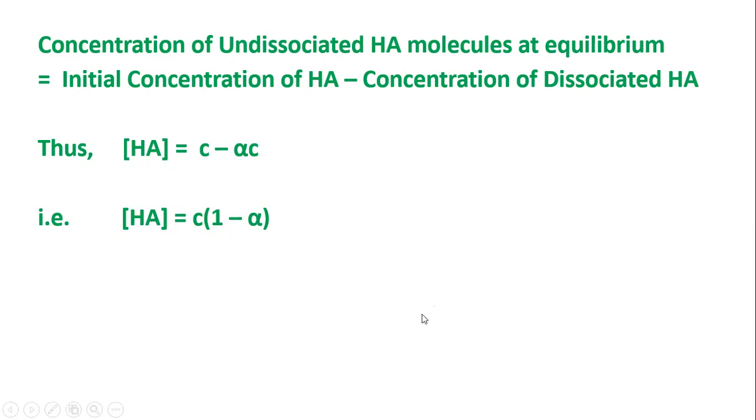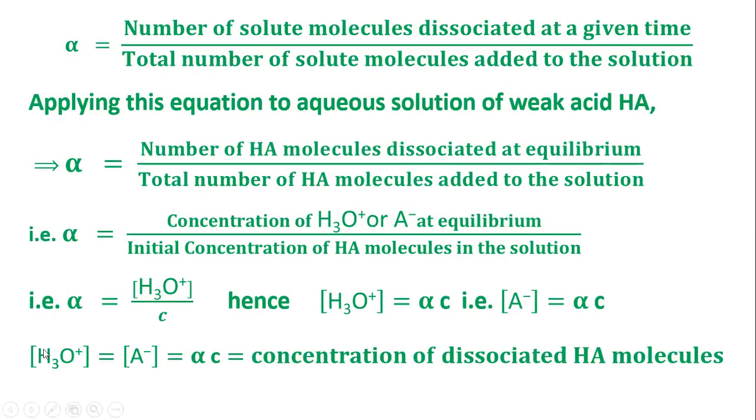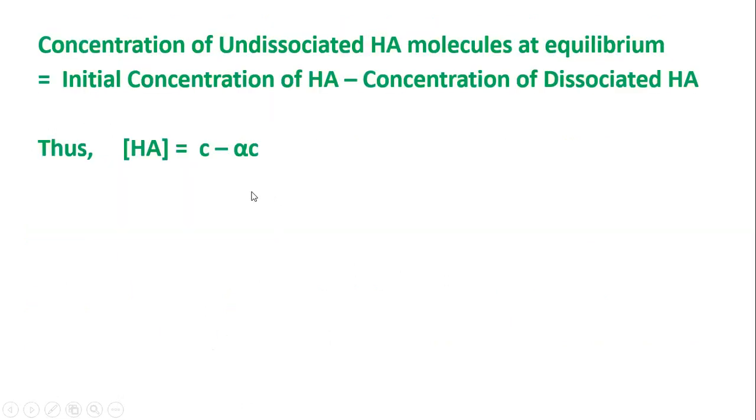So we have substituted these concentrations equal to alpha C, and we have substituted this concentration equal to C(1 minus alpha) in this dissociation equilibrium.